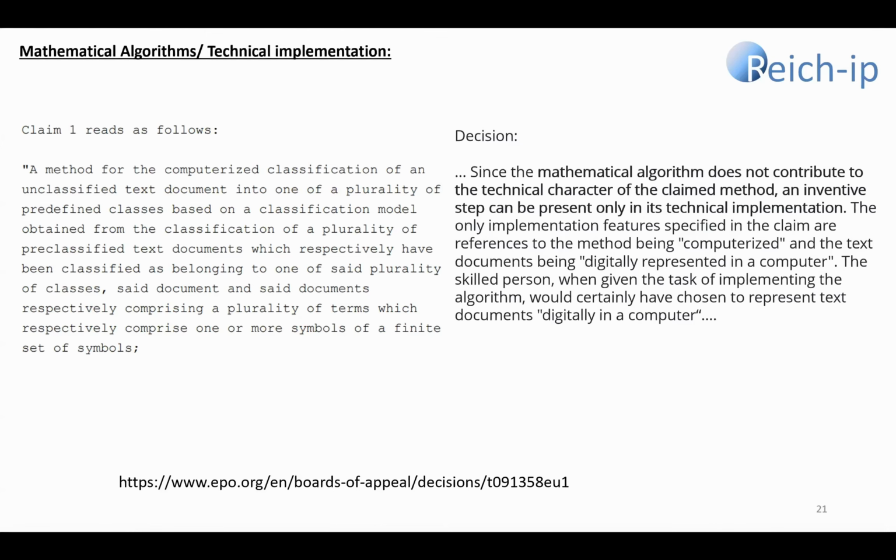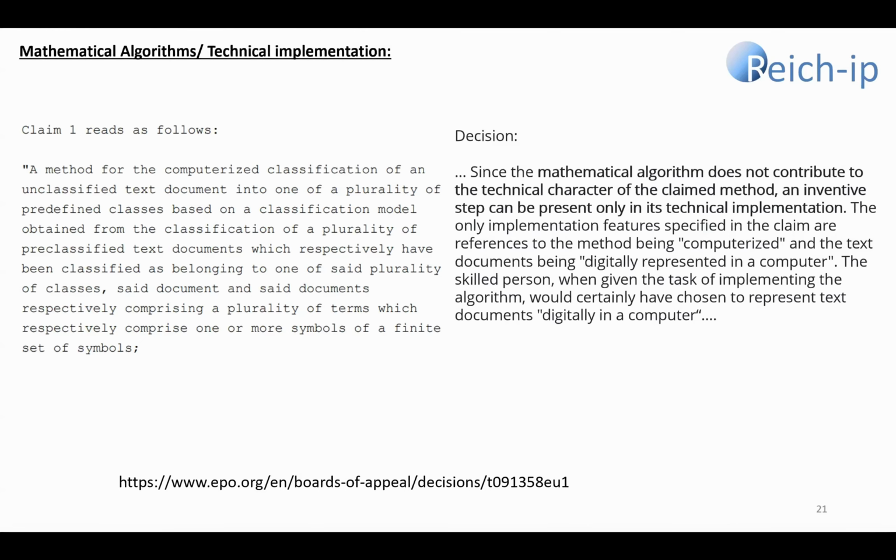about this decision is that the first sentence, which I present here, since the mathematical algorithm does not contribute, could be understood that in general, the mathematical algorithm might contribute to the technical effect.